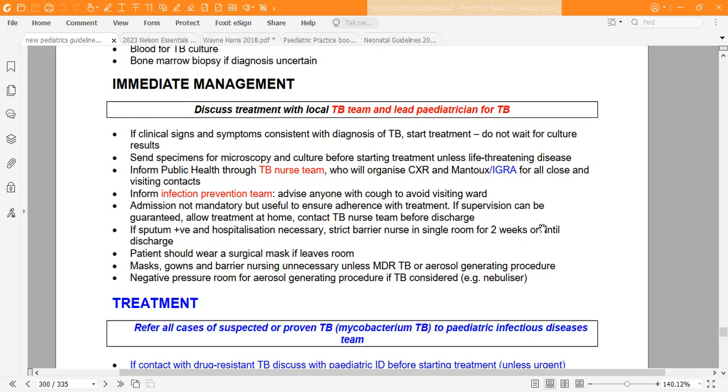Admission not mandatory but useful to ensure adherence with treatment. So admission here is not mandatory at all, but useful to ensure adherence with the treatment. If supervision can be guaranteed, allow treatment at home. Contact TB nurse team before discharge. So it's better to keep the patient in his own home.